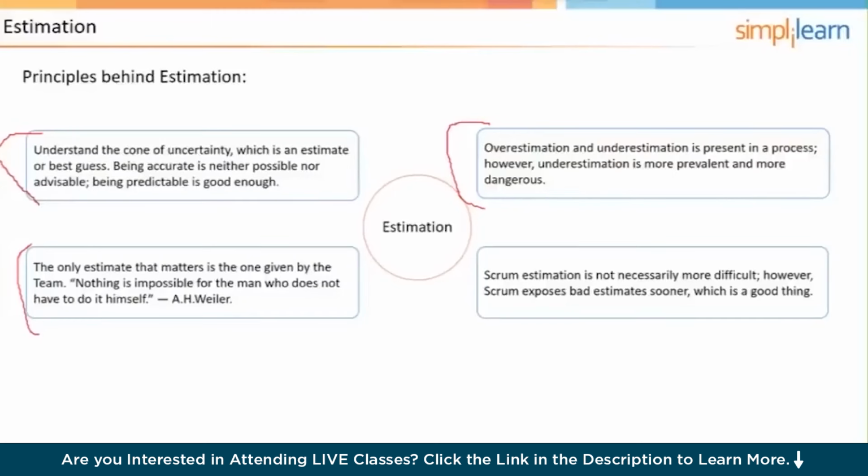Scrum estimating is not necessarily more difficult. However, Scrum exposes bad estimates sooner, which is a good thing. When we were doing our planning poker, you could see that the first time as a team, we didn't know each other. We didn't know everybody's thoughts and concerns. And those kinds of things get shared and absorbed as a project goes on.